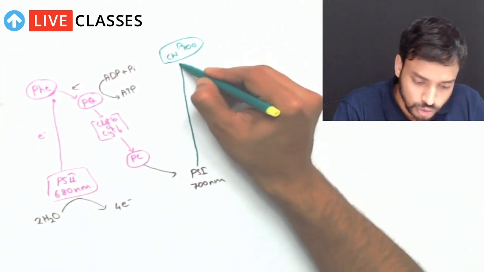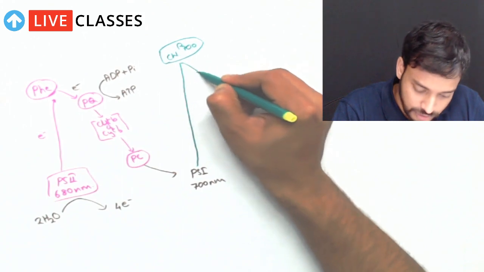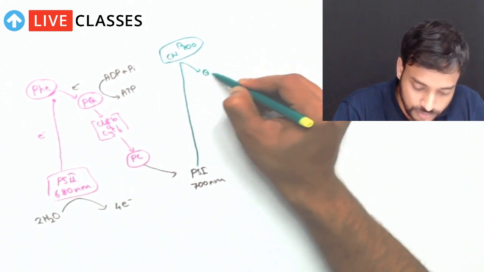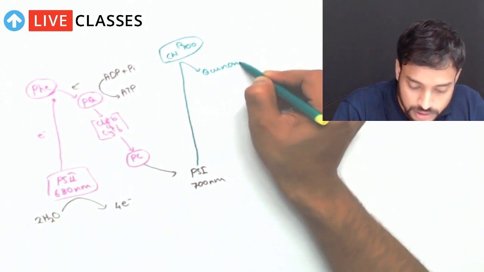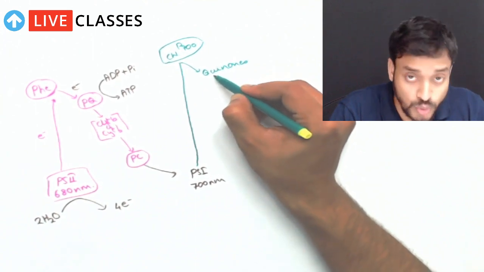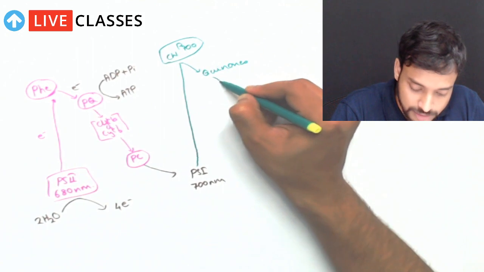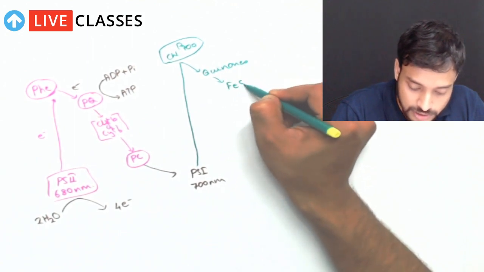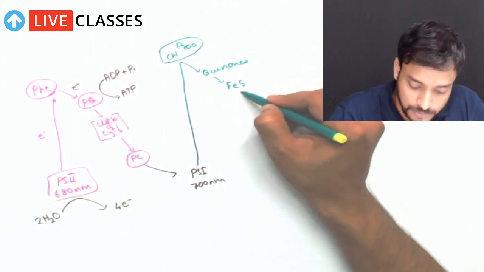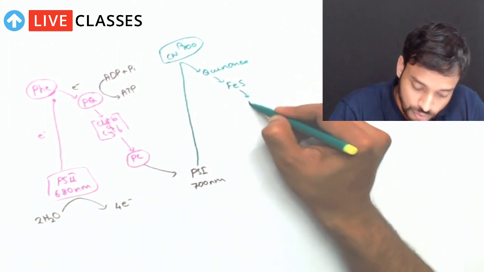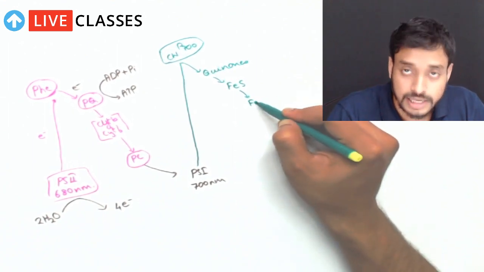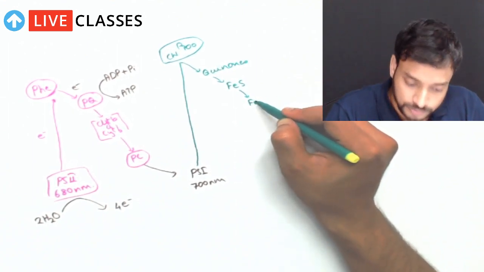From here it is transferred to quinones. Certain types of quinones can accept it here. From here it is transferred to the FeS complex, and from there to ferredoxin. It is called ferredoxin.